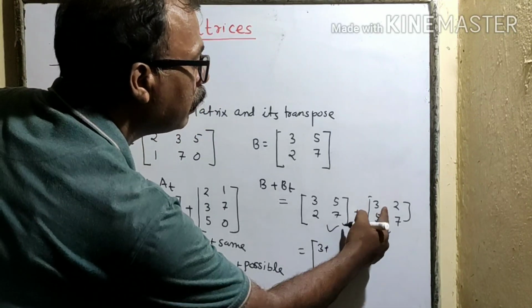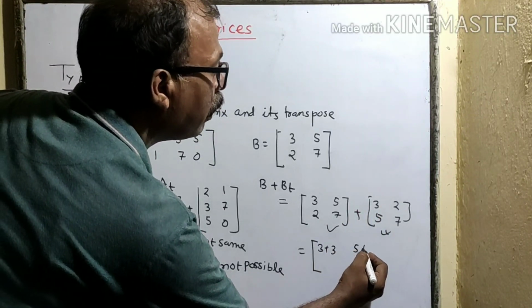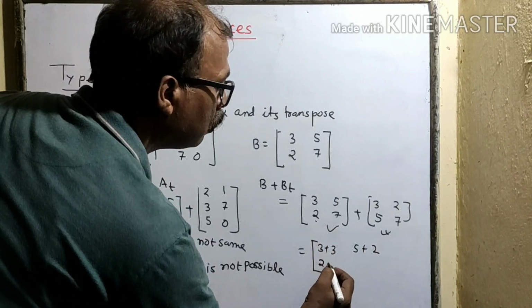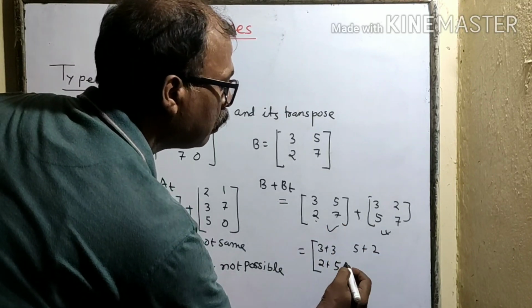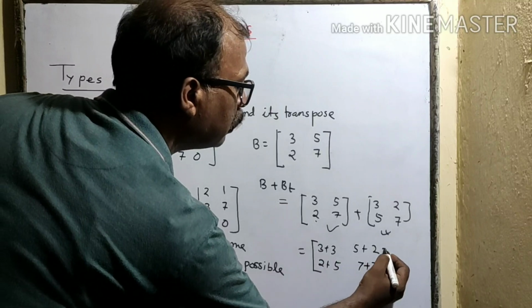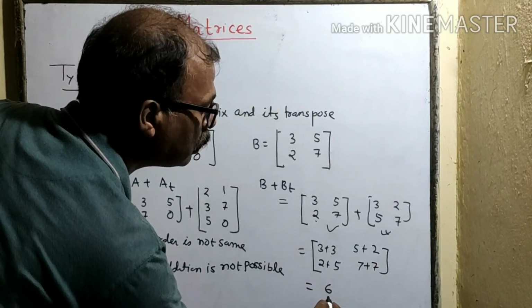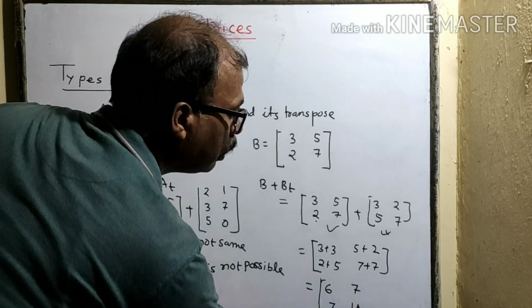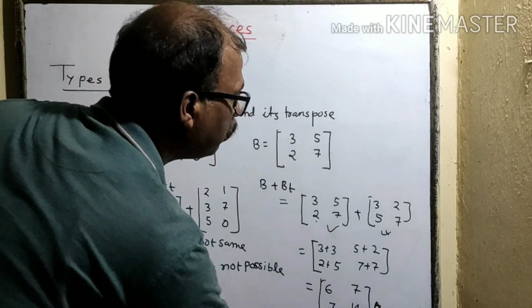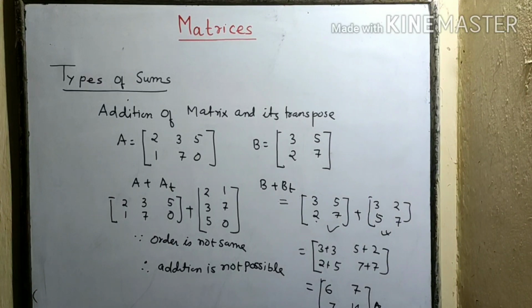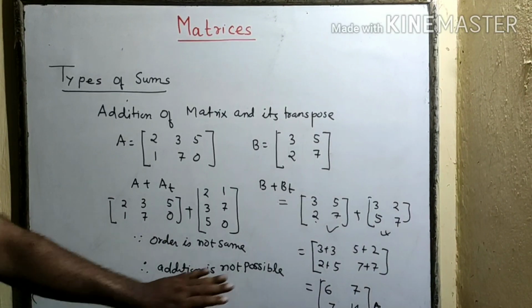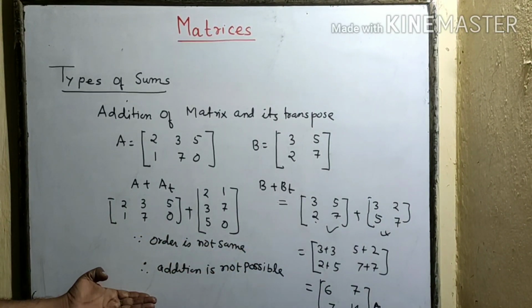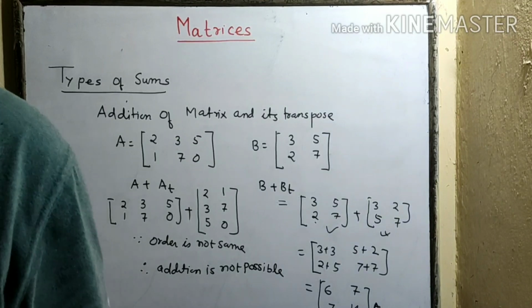It will be 3 plus 3, 5 plus 2, 2 plus 5 and 7 plus 7. So your result will come out as 6, 7, 7 and 14. This will be your answer. So sometimes addition of a matrix with its transpose is possible when the order remains the same, but if the order does not remain the same, then it is not possible.